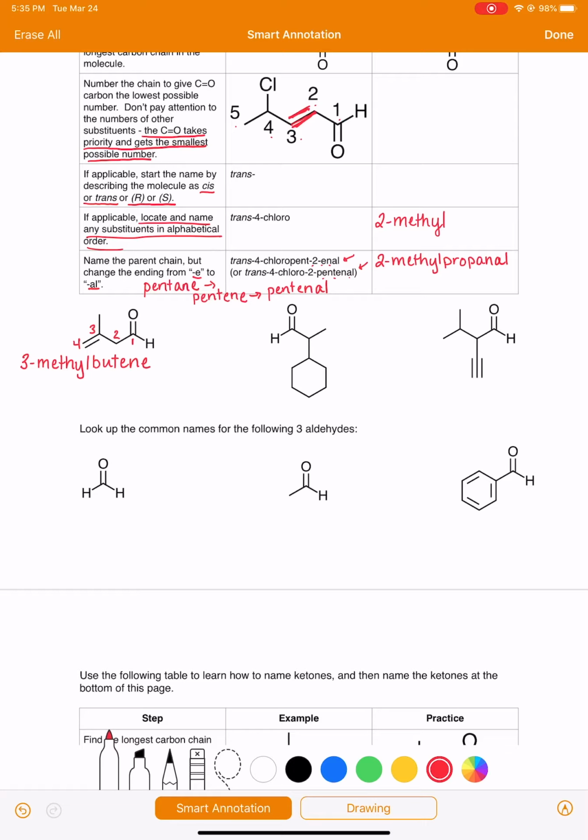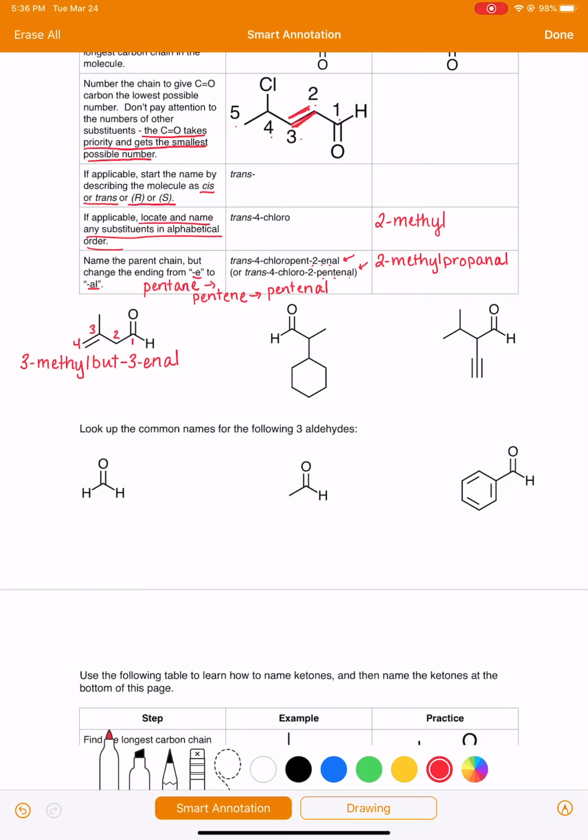So let's erase that and we'll call it 3-butene or but-3-ene. And then last but not least, because it's an aldehyde, we're going to drop that E and replace the ending with al. 3-methyl-but-3-ene-al, or you could say 3-methyl-3-butene-al. Let's look at our next one.